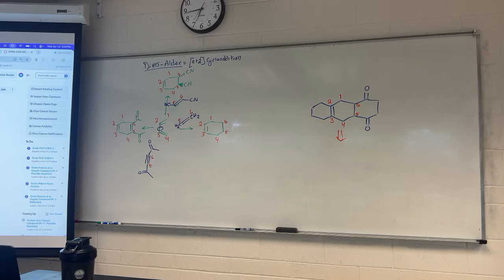Well, it's not a bad start. You can redraw the whole thing and then just erase the bonds that need to form in the product. Consistently, we form a bond between 1 and 6 and a bond between 4 and 5. So identify that bond position and then erase it.